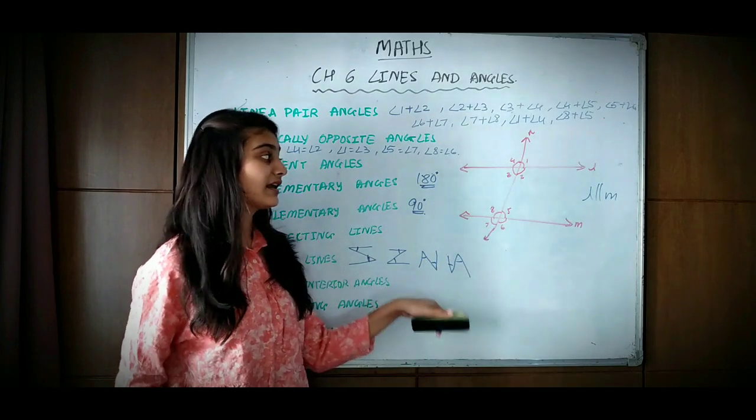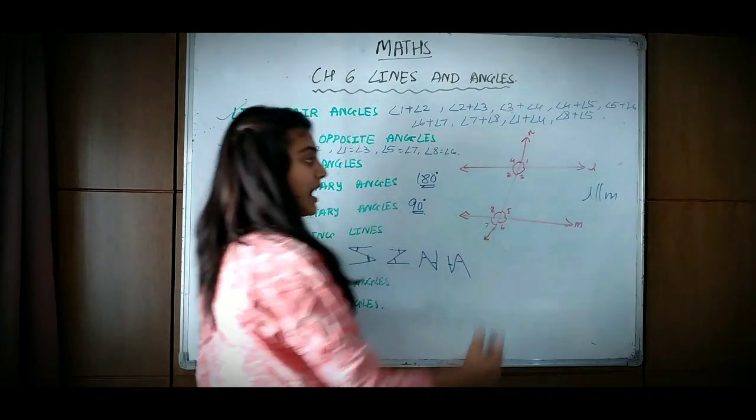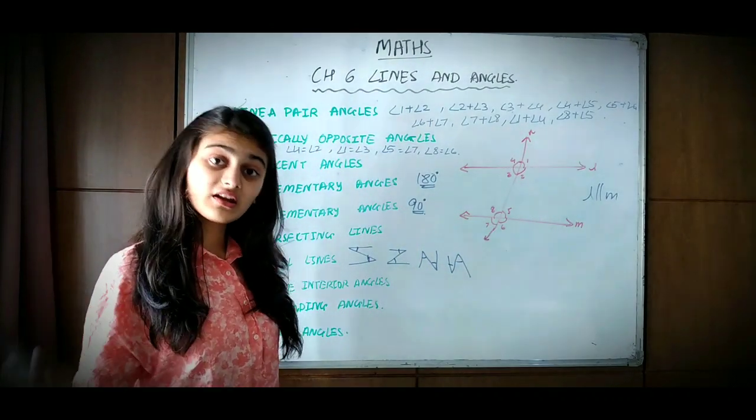Any angles that form a Z are known as alternate interior angles.